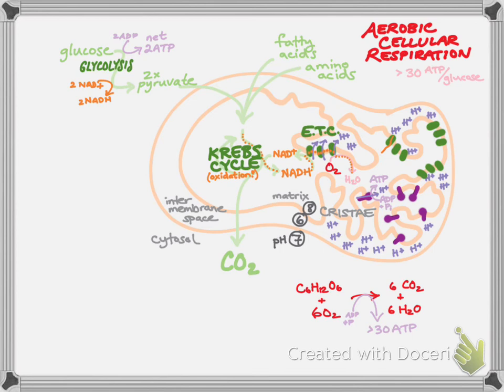If there's no NAD plus around, if all of it's in the form of NADH, there's no NAD plus to accept electrons. You can't oxidize glucose or anything else. So we need to have some way of regenerating the NAD plus. And I know this is complicated, but the big picture is that there is a side process, kind of a cheat code, to allow glycolysis to continue.